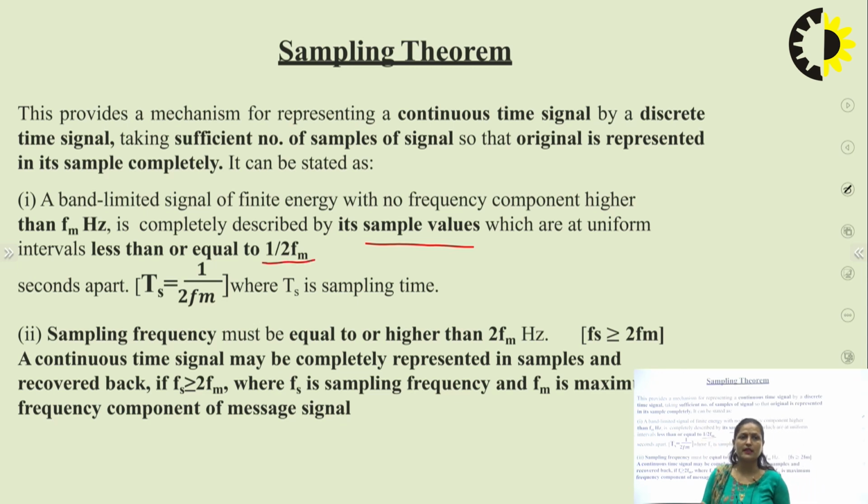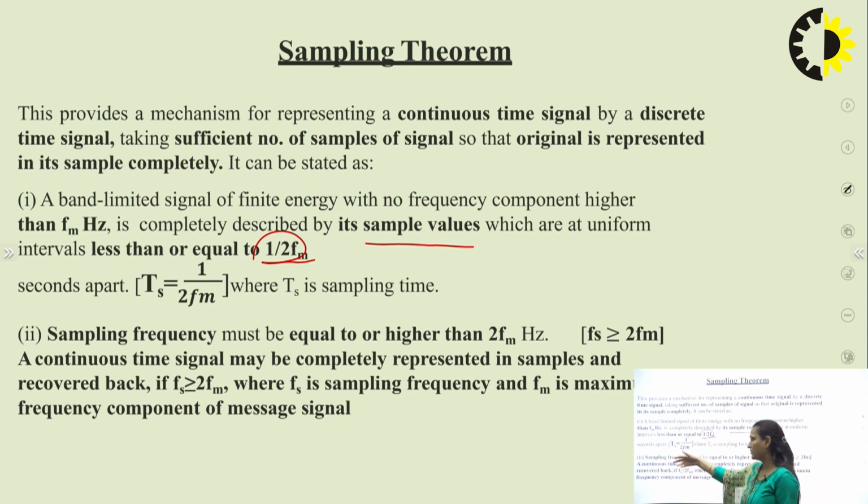It means any signal which is band limited between minus fm to fm, with no frequency component greater than fm, can be completely described in the form of samples, and the sample interval is less than or equal to 1 upon twice of fm. Or the sampling time can be written as Ts equal to 1 upon twice of fm. Here fm is the frequency of the message signal.